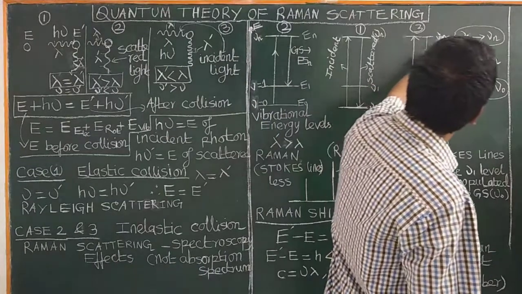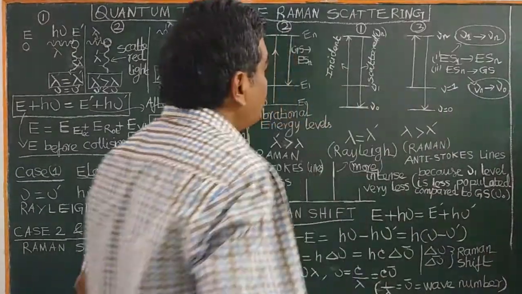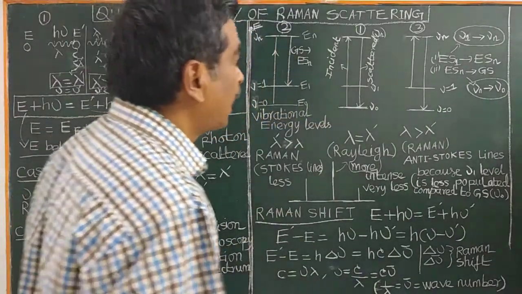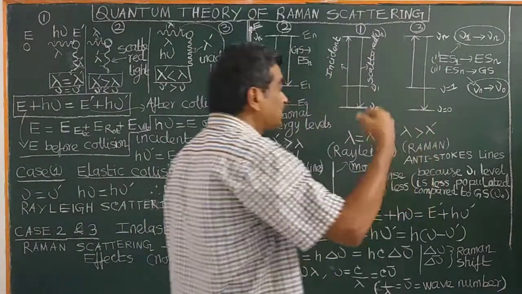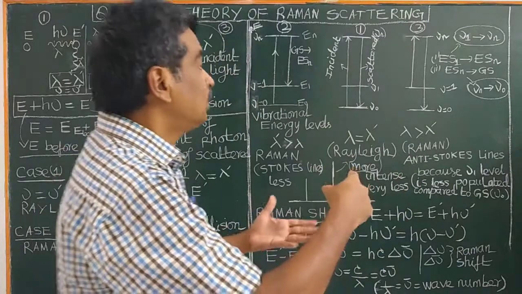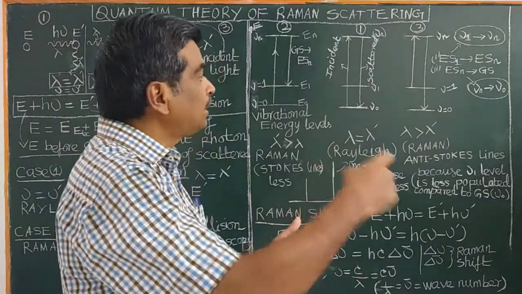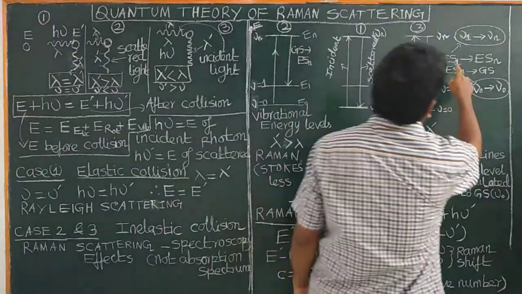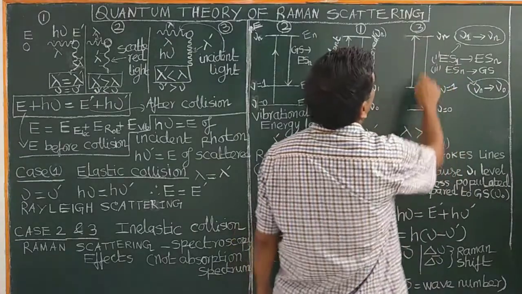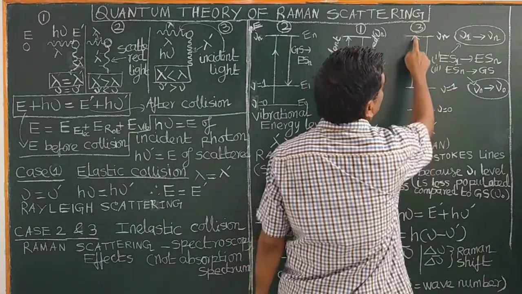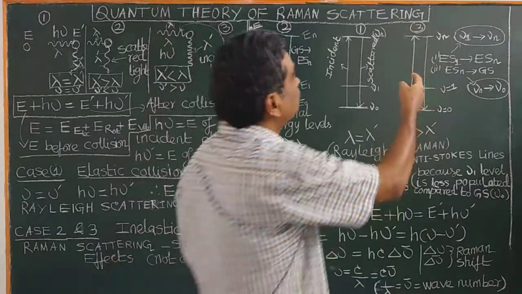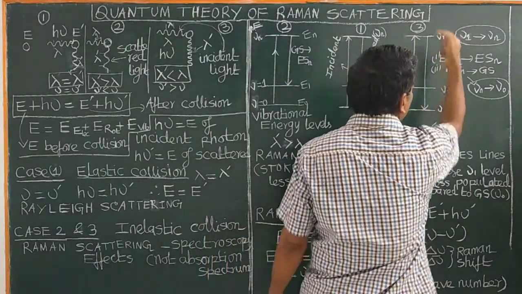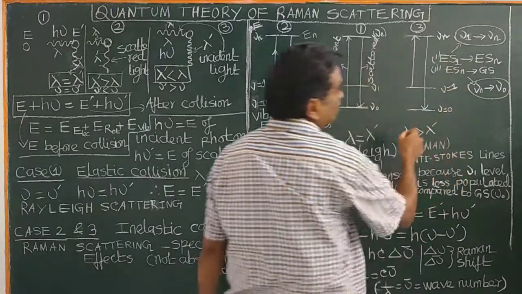For example, in the case of 3, the molecule absorbs the light. The molecule is in the excited state, E1 to En, and then from the excited state it falls from En to E0, the ground state.